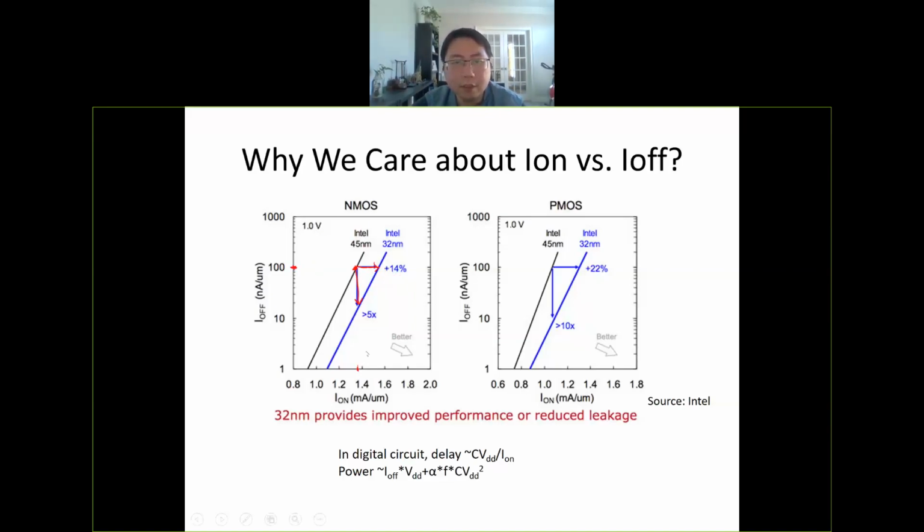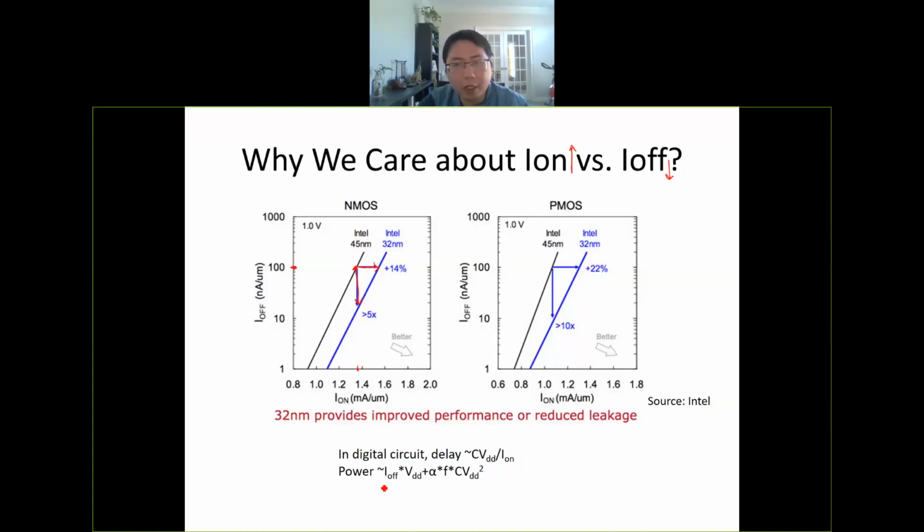So this is the benefit of the scaling, because we want large I_on, small I_off. From the circuit performance we discussed, for example in the inverter or in general for digital circuits, the delay is given by C V_DD divided by I_on. If you have large I_on, you have smaller delay.